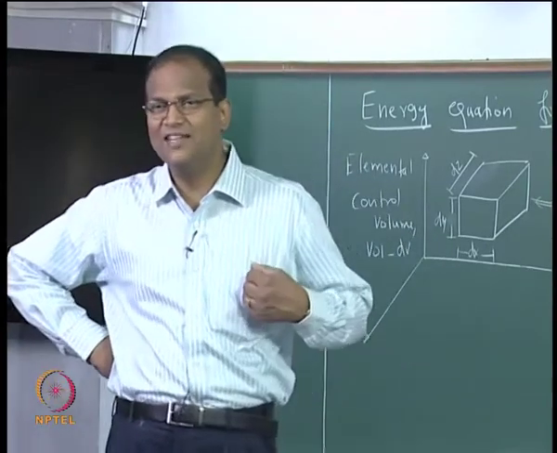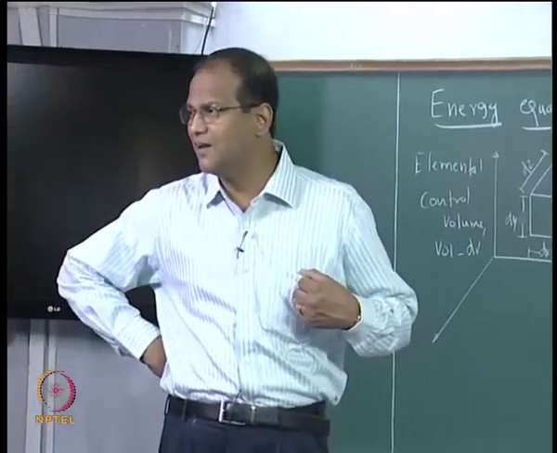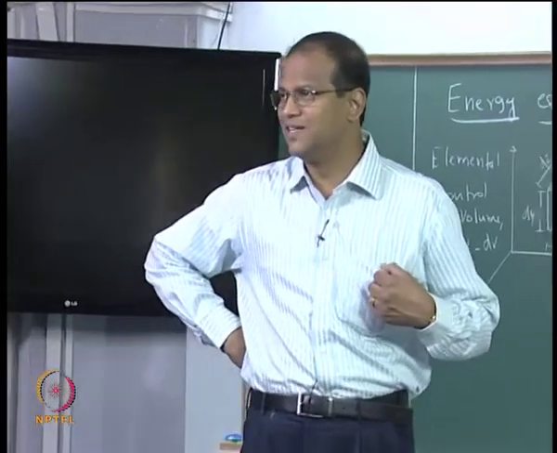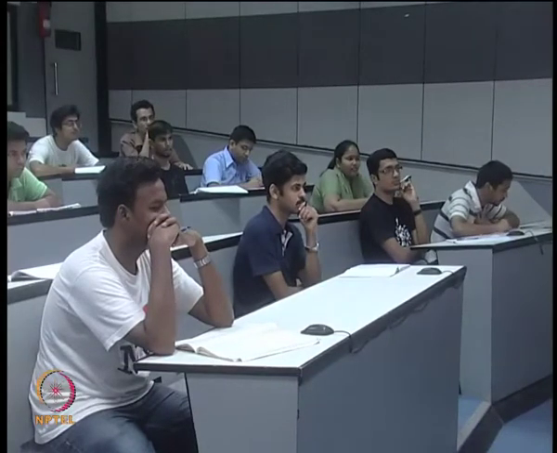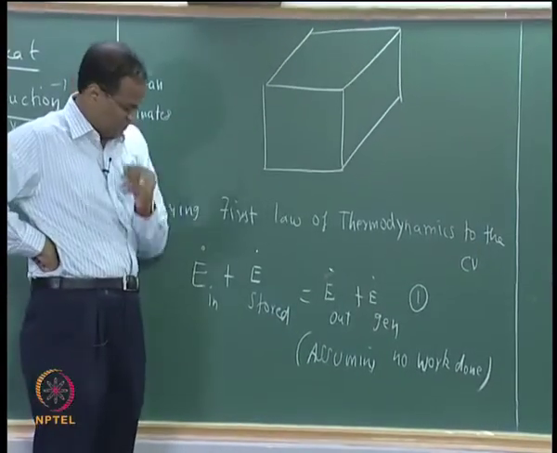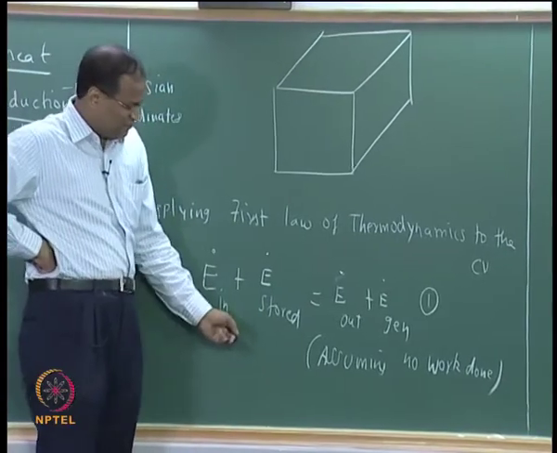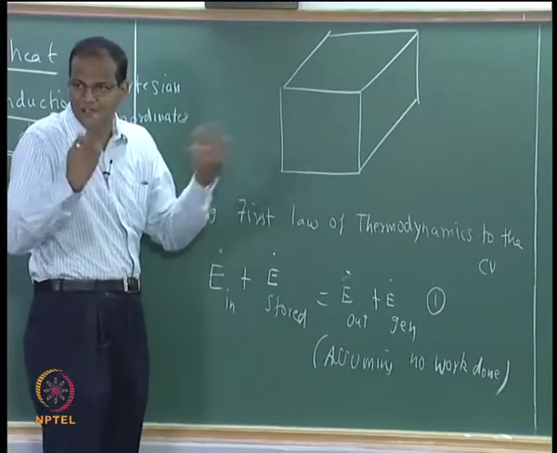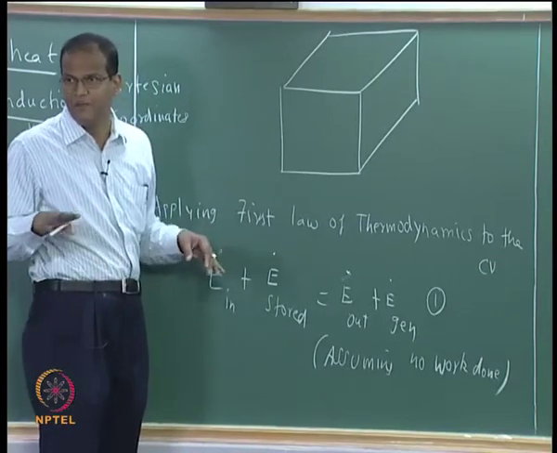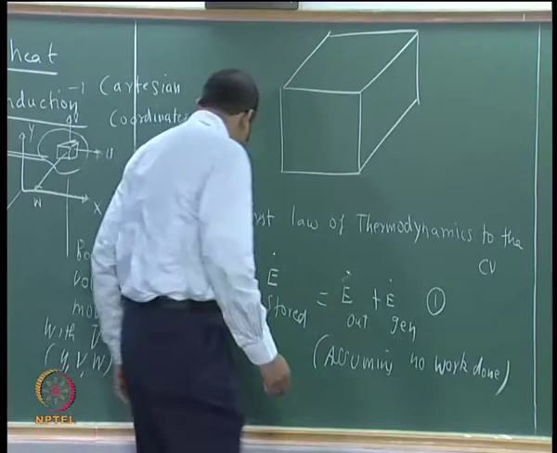Everybody agrees that E generated and E stored must also be on opposite sides. Now there is a sign convention, there is a problem of how you consider this. So what you are saying is E in is coming, E generated is also coming, let both be on one side, okay, fine.